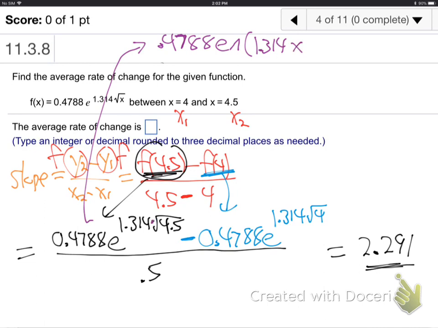Because there's an understood times right here between the 1.314 and the root. There's nothing between them, which means times, doesn't it? Times square root 4.5, and I would just hit equals right there. Look, I didn't even close off the parentheses. Who cares? You don't need to put closing parentheses if there's nothing more after.